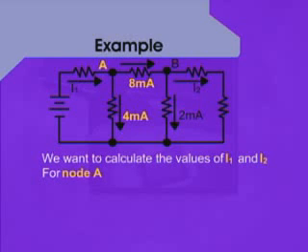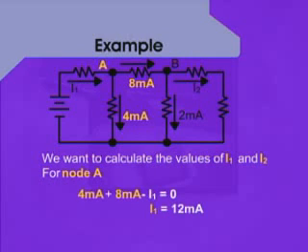For node A, I1 is approaching the node A, so we write minus I1. 8 milliampere is leaving the node A, so we write plus 8 milliamperes. Also, 4 milliampere is leaving the node A, and we equate this equal to 0.